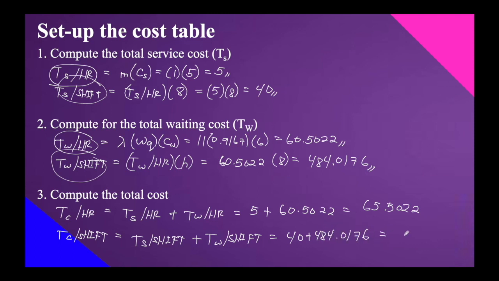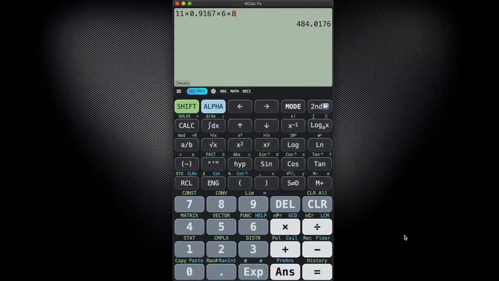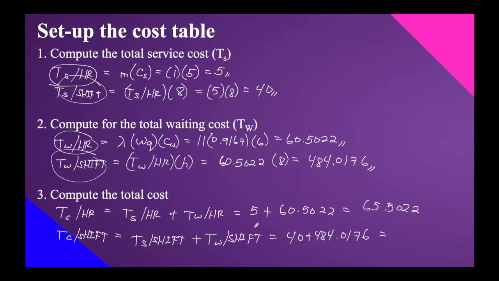So let's compute this on our calculator. Ayan, nakalagay na, no? Equals natin plus 40. Ayan, dito para continue siya. Ayun. No, we have 524.0176. So, 524.0176. So, that's it. No, that is the total cost natin ng paghintay.